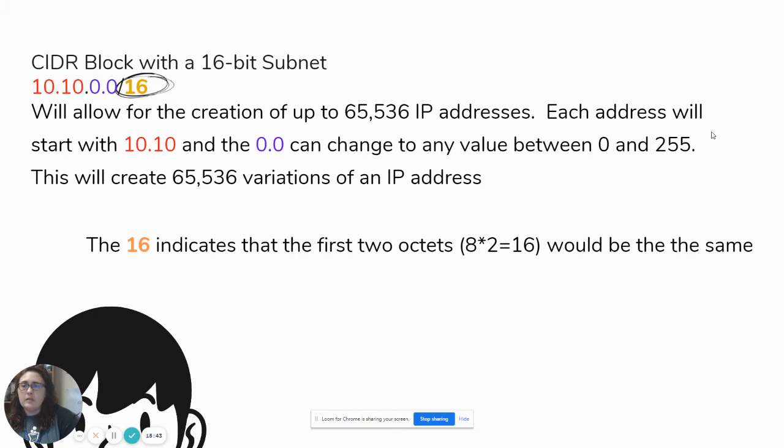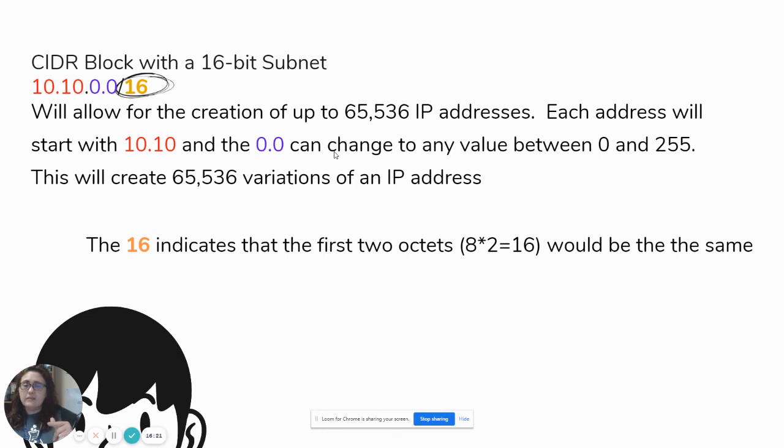Each address will start with 10.10, and the two zeros in purple can change to any value between 0 and 255. Once you do the math on that, this will create 65,536 variations of an IP address. I'm just taking that at face value; I'm not going to try to do the computation. That's too much math for me.